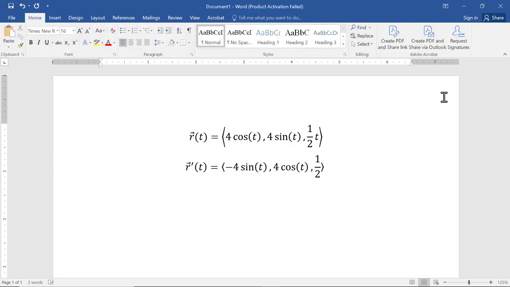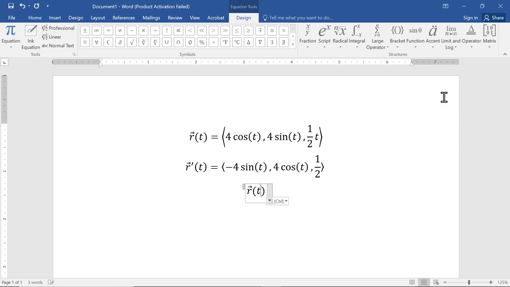Now, in order to create a unit tangent vector, I'm just going to take that derivative and multiply by 1 over the magnitude of that derivative vector. Now, in this case, some nice things happen when I find the magnitude.